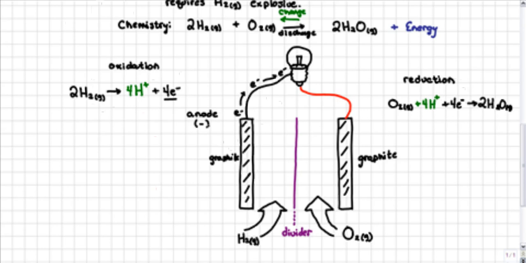On the right-hand side, we see that electrons are actually required as a reactant, and so the electrons continue their way after having passed through the light bulb into the right-hand graphite electrode, where they join up with the oxygen and hydrogen ions that are there to make water. This place, where reduction takes place, is known as the cathode. And the cathode is labeled with a positive sign.